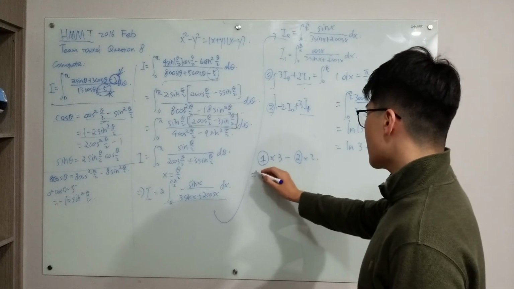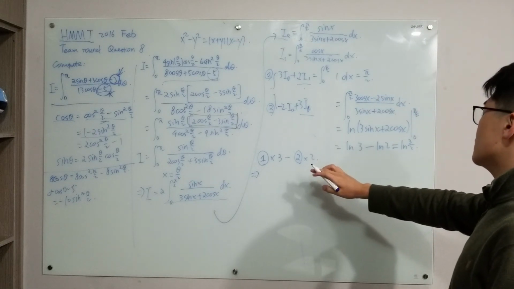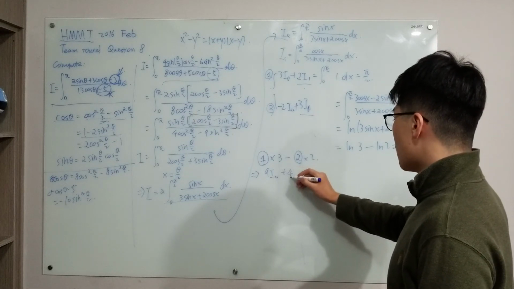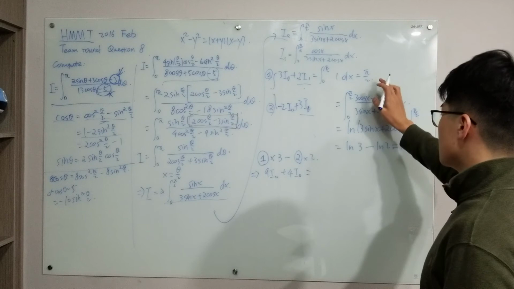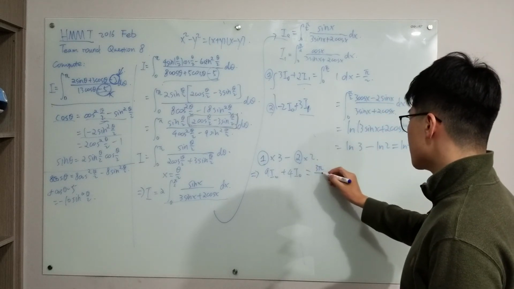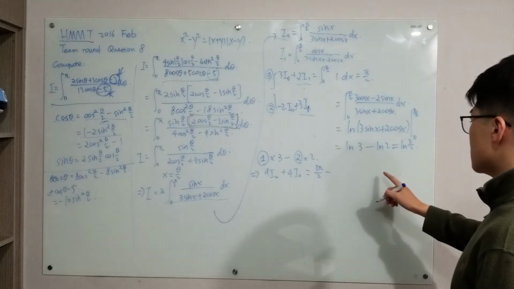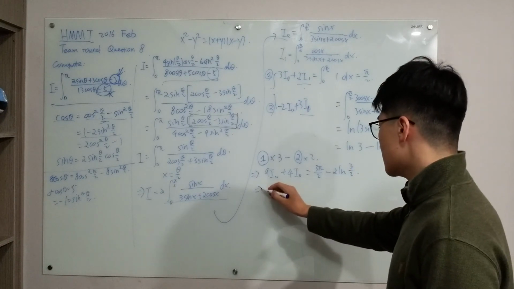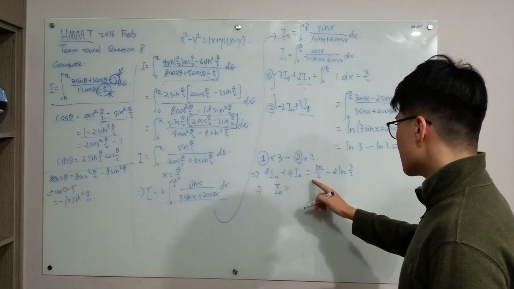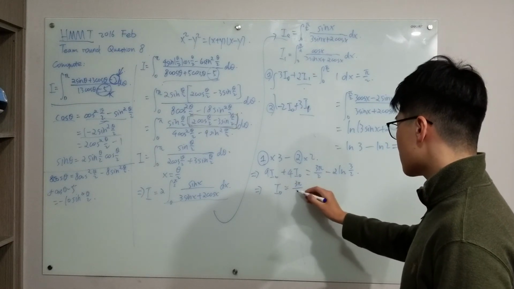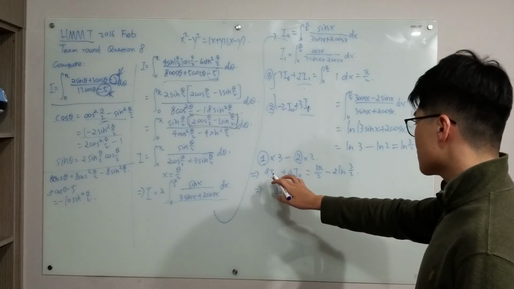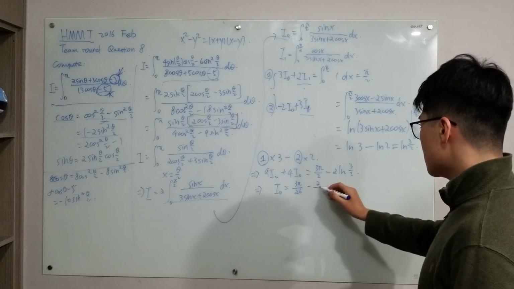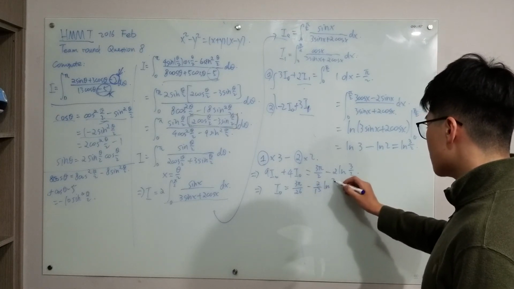We get 9 I0 plus 4 I0 equals 3 pi over 2 minus 2 ln 3 over 2, so I0 equals 3 pi over 26 minus 2 over 13 ln 3 over 2.